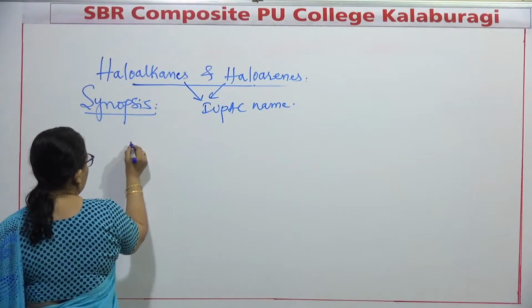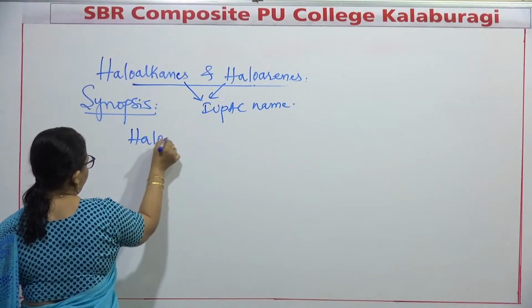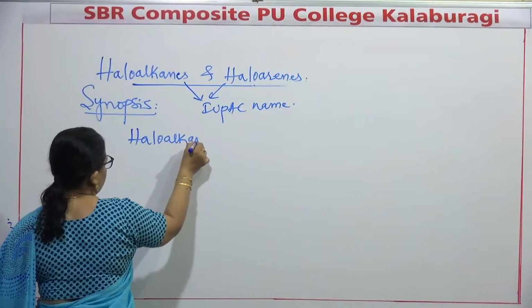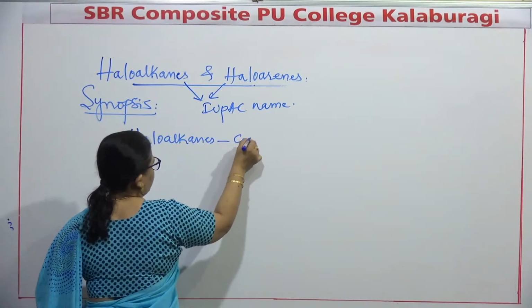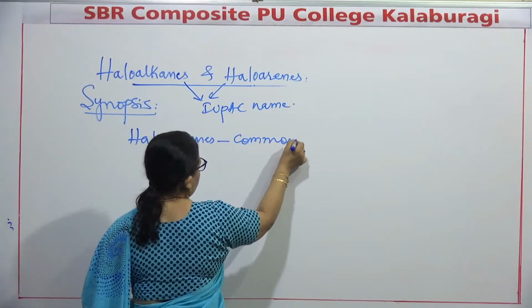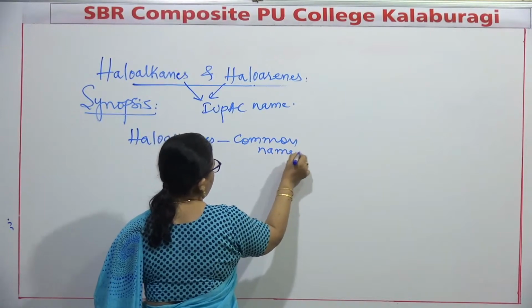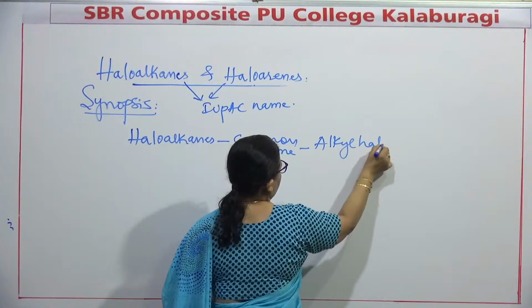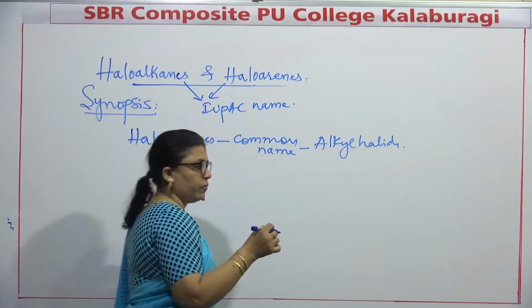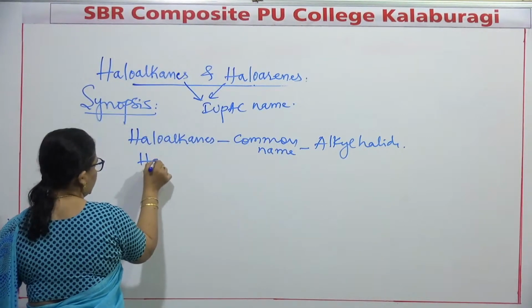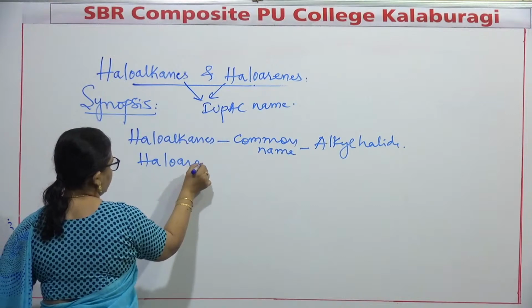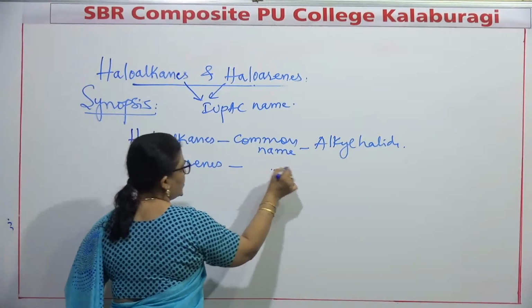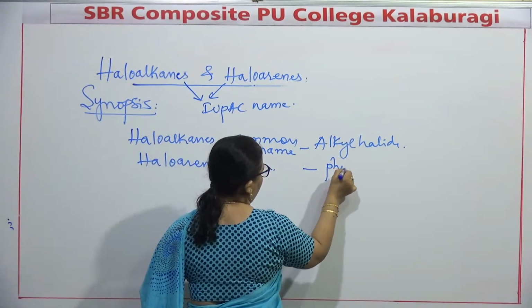Haloalkane, common name, is alkyl halide. Whereas haloarene, common name, is phenyl halide.